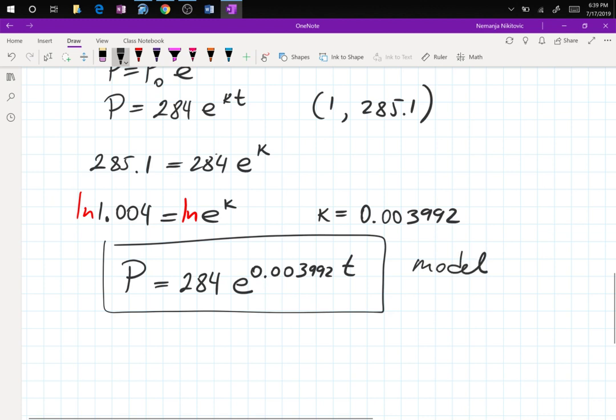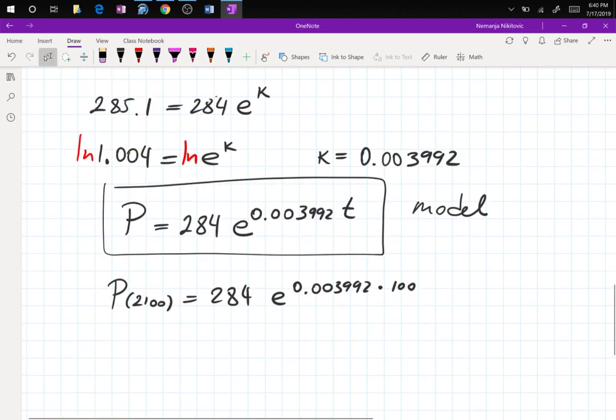Now you get to answer the two questions they asked. The easier question is, what's the population 100 years later? Well, you will plug 100 for t. So we have p of 2100, so that's the year 2100, which is 284 e to the 0.003992 times 100, because t is 100.